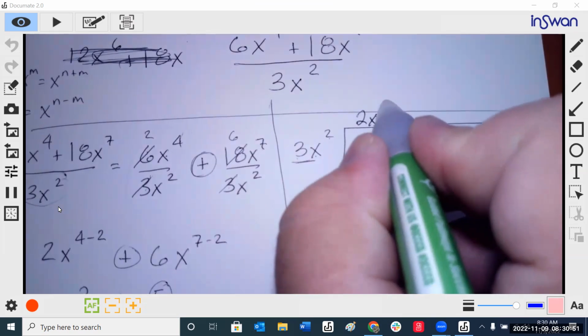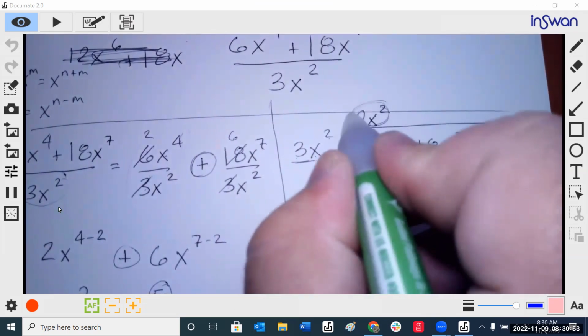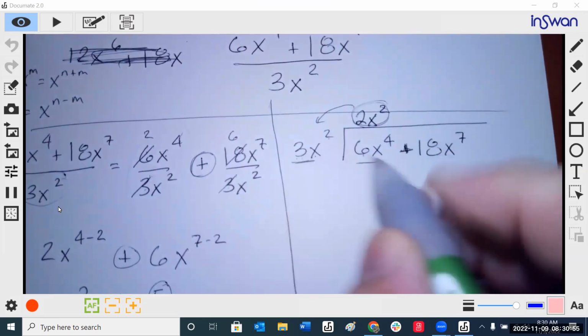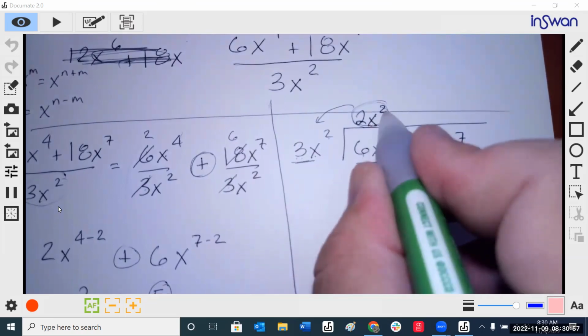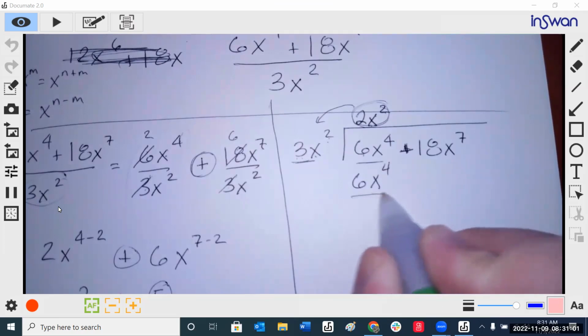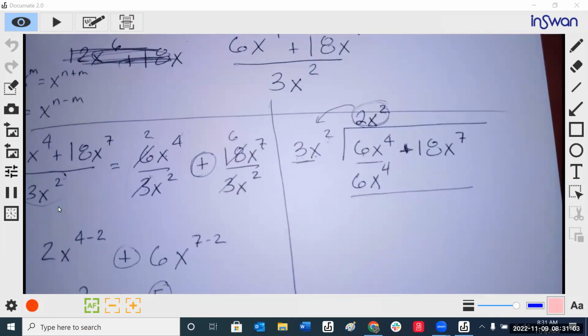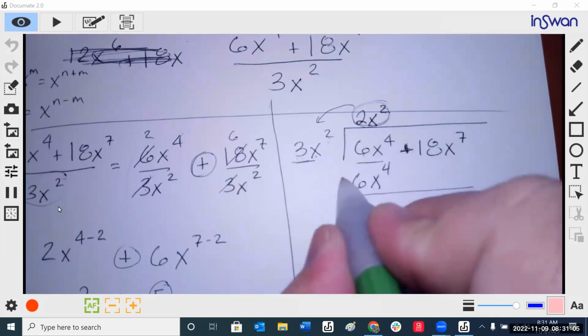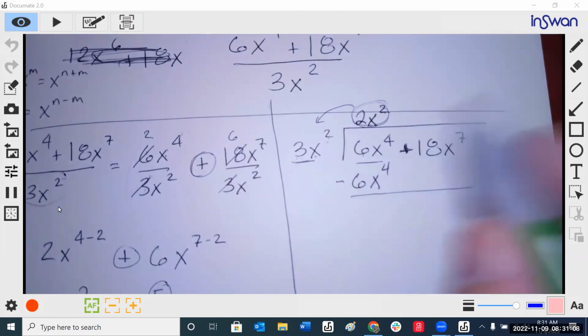So I take this number on top, the quotient, and multiply it to this one. 2 times 3 is 6. X squared times x squared is x to the 4th. And subtract. So those are gone.